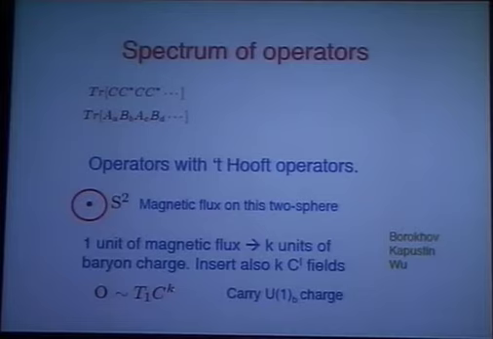So in the end, you get operators which contain these fluxes on the S2. I denote this by the letter T, meaning the 't Hooft operator with, let's say, 1 minimal unit of flux, and it has to be accompanied by the insertion of K of these fields. And so these operators carry this global charge that I mentioned in the very beginning, and are some other operators of the theory. Such operators were analyzed in a series of papers by these authors.